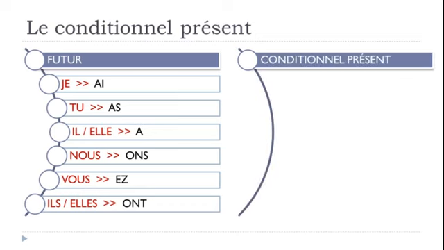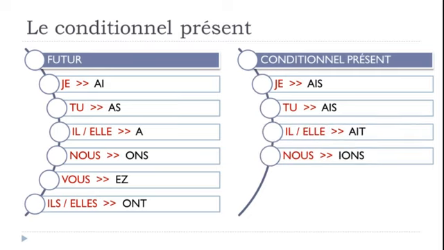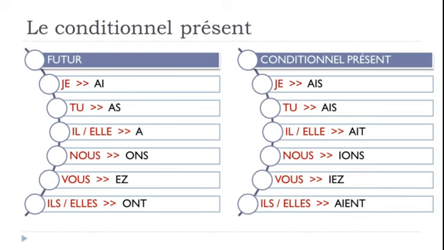Okay, but then for the conditionnel présent, if you remember them, it was AIS, AIS, AIT, IONS, IEZ, AIENT. So to be totally honest, because basically we construct these two tenses the same way, the endings will be the only way to make the difference between the future and the conditional. So it's quite important to really remember them by heart.